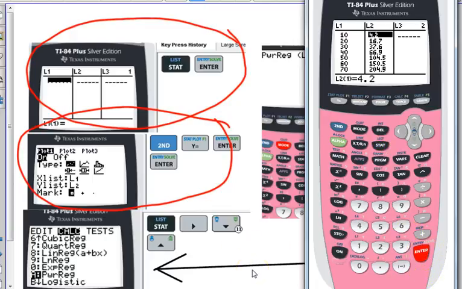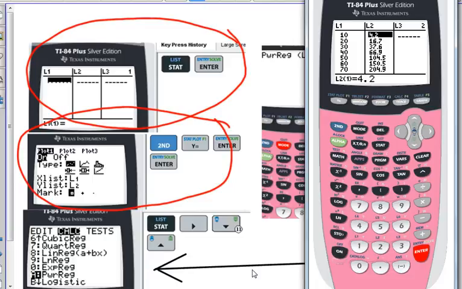Okay, does anybody not have a list 1 and list 2 because somebody's deleted them? If you need to clear a list, you go up arrow and then clear, enter. Don't hit delete or you've gotten rid of list 1 and list 2 and then you have to do some other things. Oh, you're right. I need to enter the data.